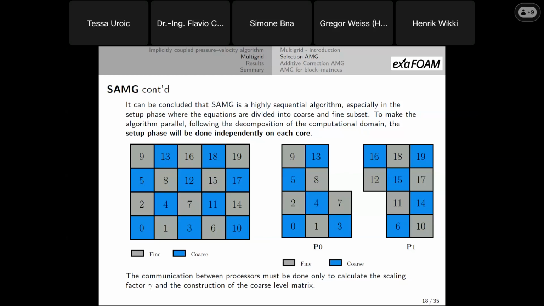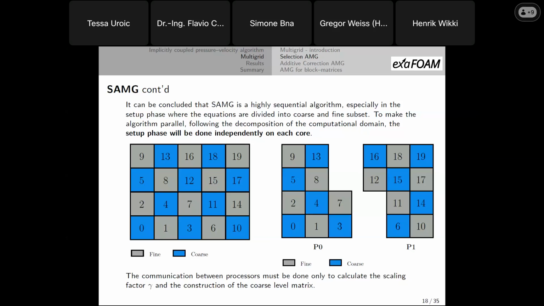And if you go to the right-hand side image, so you do a coarsening procedure as we do it in our algorithm separately on each core, you will get perhaps on the processor boundaries equations which do not have an interpolation from the other side. So you have two equations which were both eliminated, and you will compromise convergence here because your equation will be getting its correction only from a single influential neighbor.